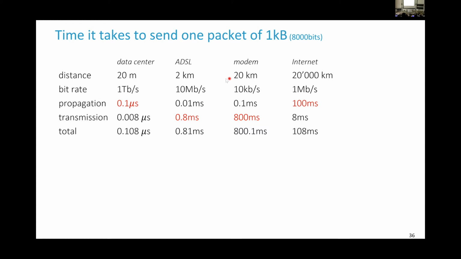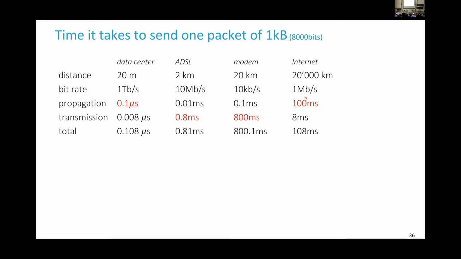On the other end, if you use a relatively low speed ADSL line to go to, for example, the Swisscom next switching center, which might be 2 kilometers away from your home, you see that the transmission time is what limits you. If you use very adversarial conditions, for example, you're in the desert and you're communicating over an old-style ADSL modem to a base station that is 20 kilometers away from you, then again, you will be dominated by the transmission time because your bit rate is very small.